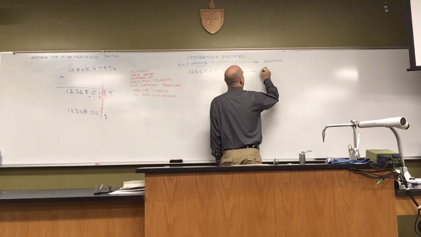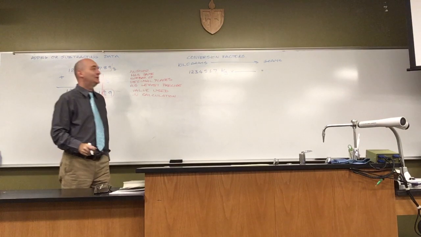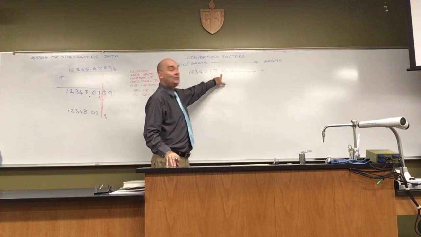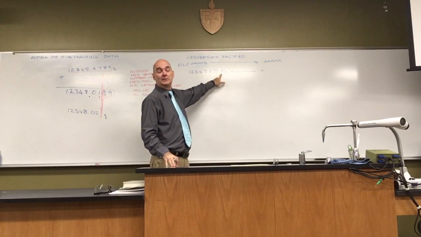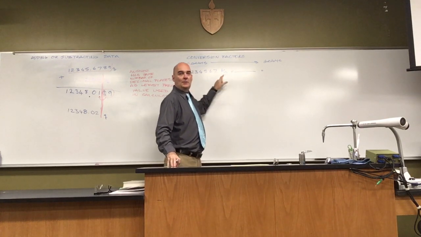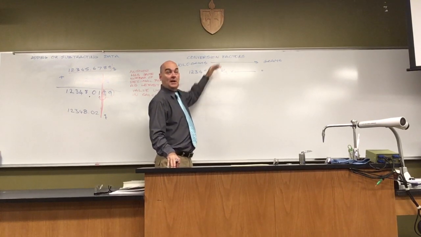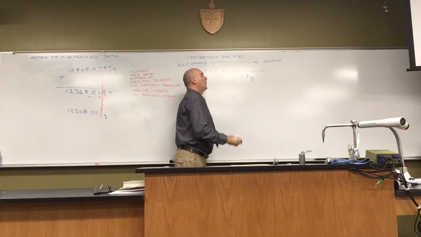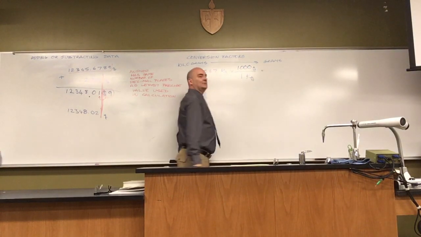So what we do, this is the very beginning of something that we call dimensional analysis. You write down the value and the units of the thing that you're using, and then you're going to write down the conversion factor. Now, because the kilograms are a numerator, they're above the line, here's what I'm going to do. 1 kilogram is equal to 1,000 grams.